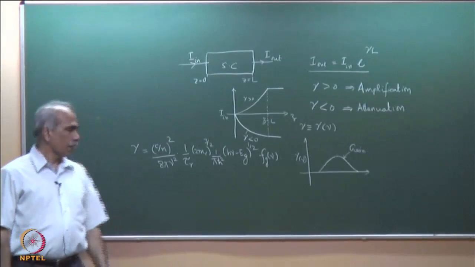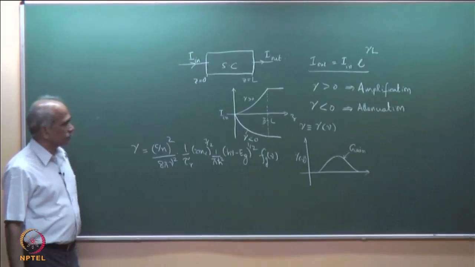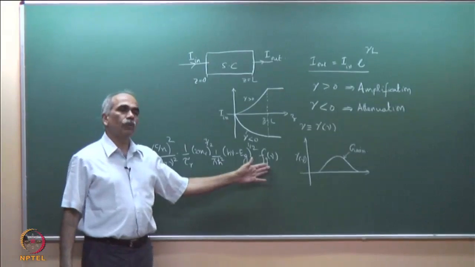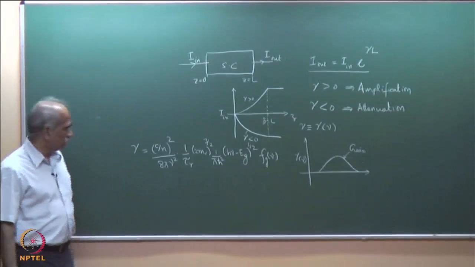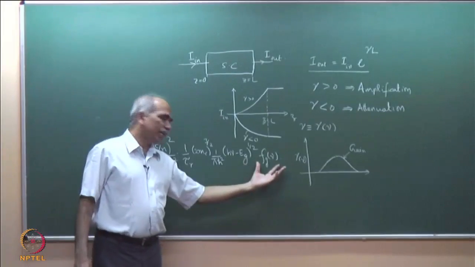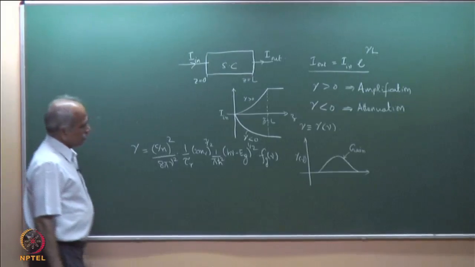the Fermi inversion factor, f_g of nu. We first started with the 0 K thought experiment, where f_g of nu was either +1 or -1, and we obtained the gain profile, and then we took a finite value and saw that the gain profile looks like this.